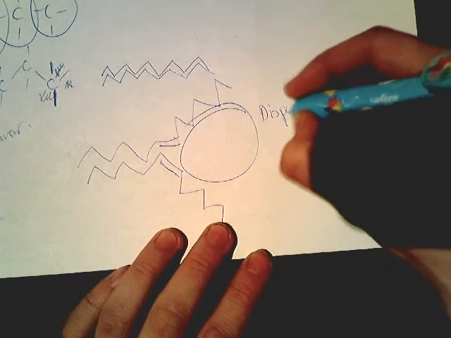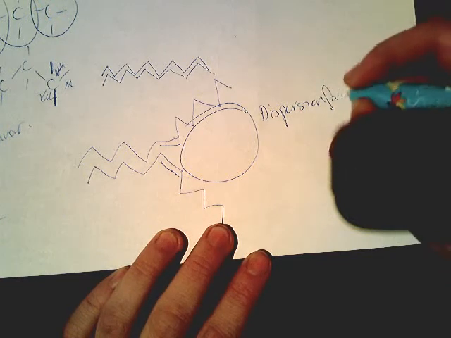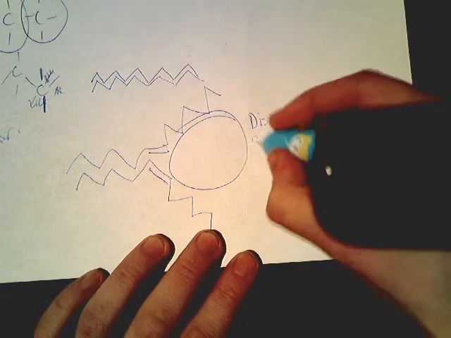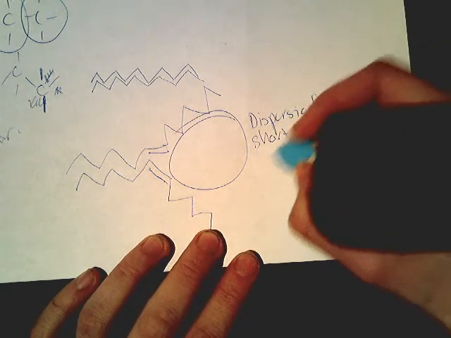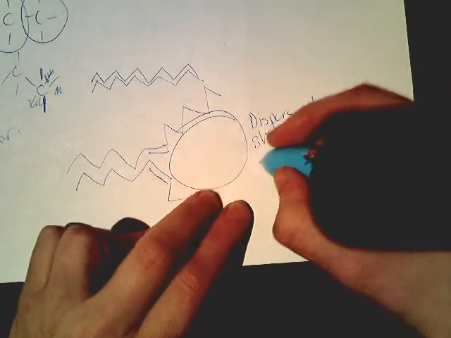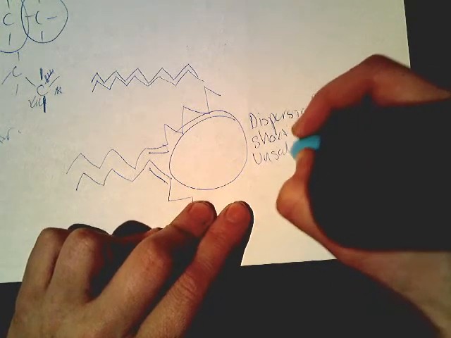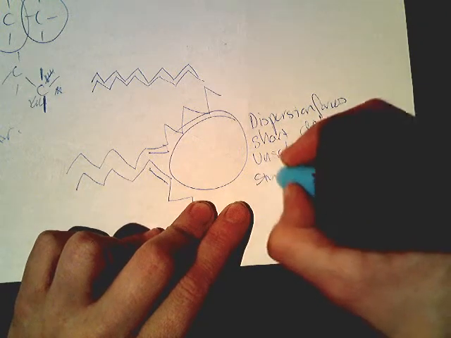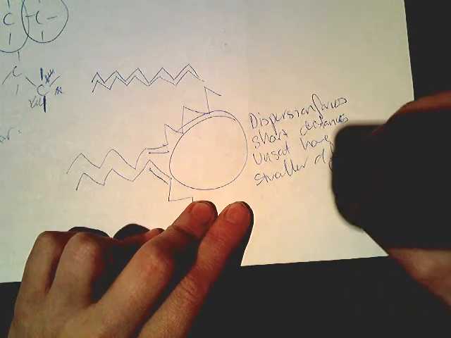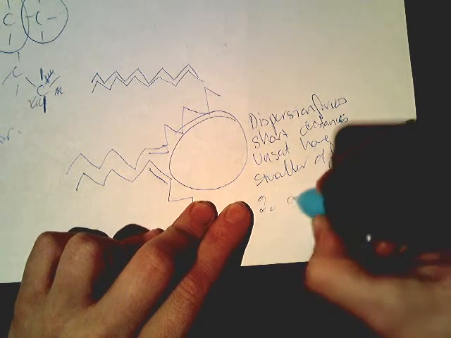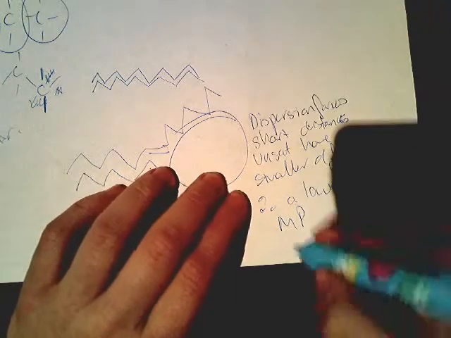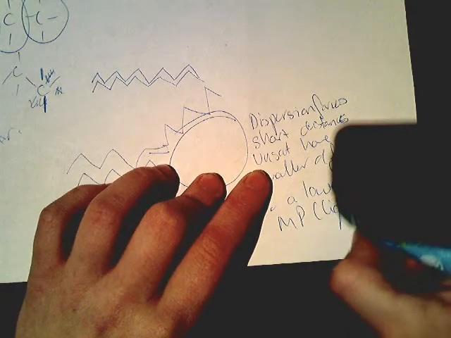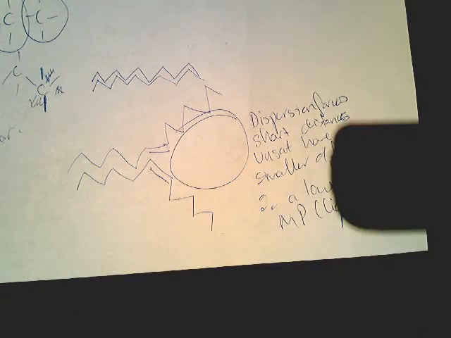And because dispersion forces only occur over short distances, those that are unsaturated have smaller dispersion forces and therefore a lower melting point. Therefore, if you said that unsaturated fats are most likely to be liquids at room temp, and saturated fats are most likely to be solids at room temp, you got it right.